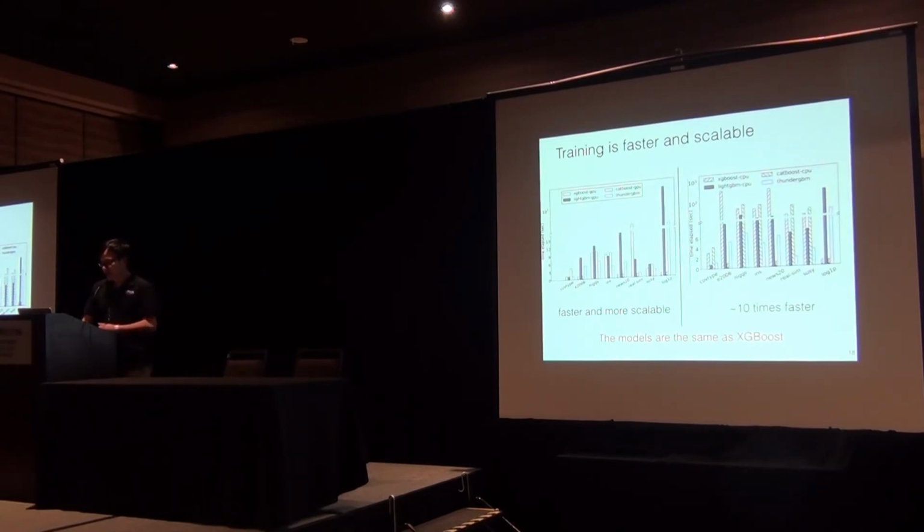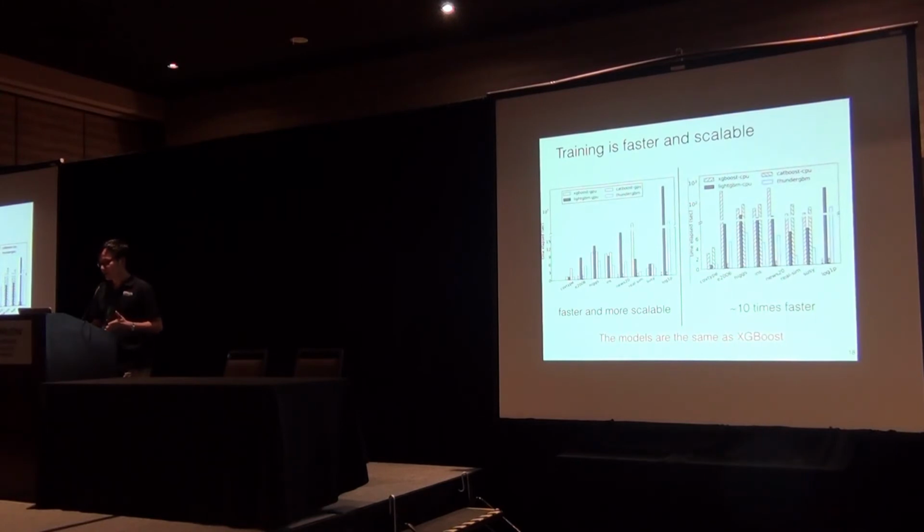We also conduct experiments to compare our system against the existing ones. When we compare our library with the existing systems on GPUs, our system is faster and also more scalable. When we compare with the existing systems running on CPUs, we achieve around 10 times speed up.